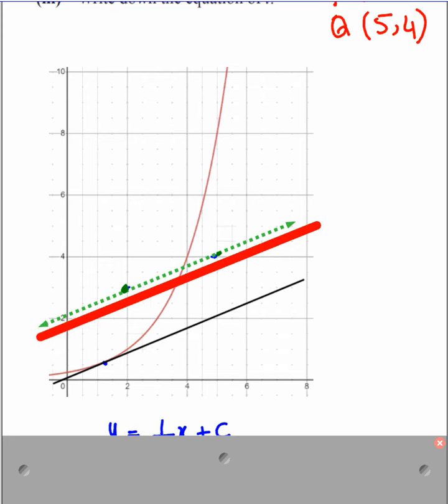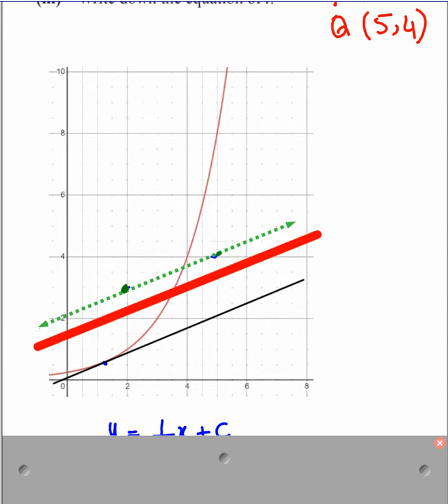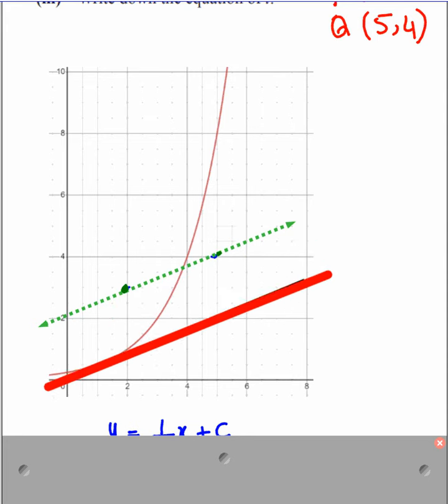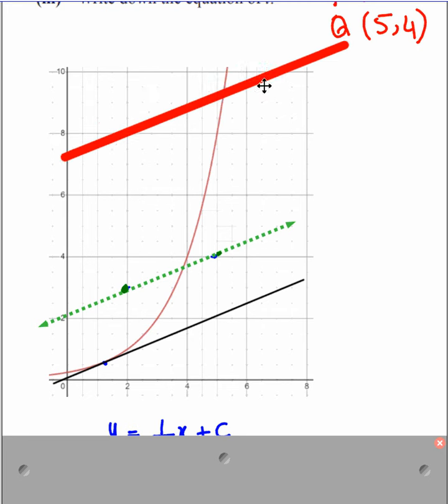You will put your ruler here and parallel to this green line, which is line PQ, and start sliding it down and stop the ruler at the point where it touches the curve and draw the line there. You get my point?